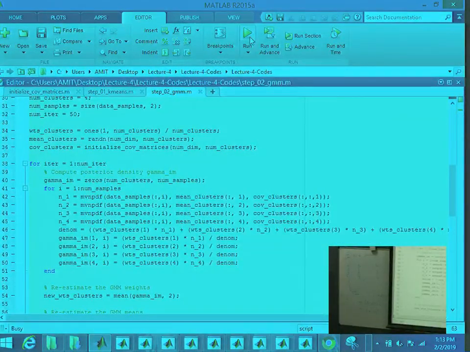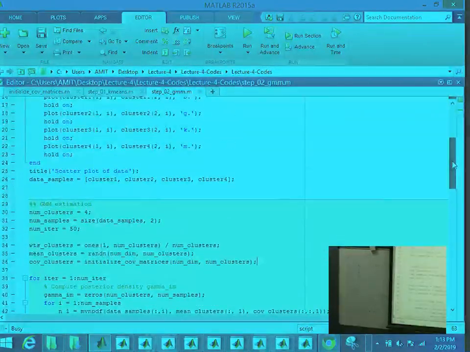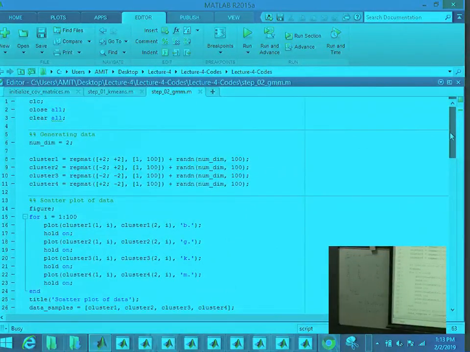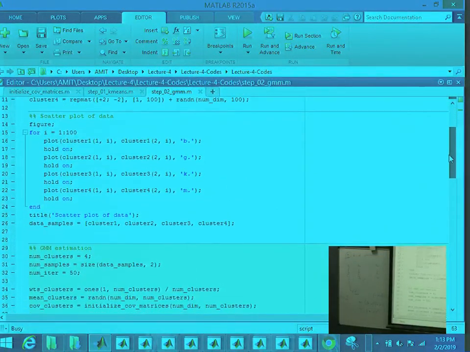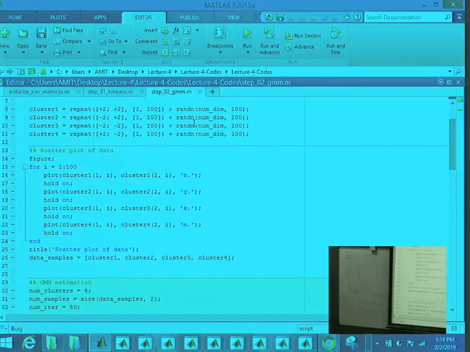Wait, let me run again, because in the morning when I was running, it was proper, but I don't know why. I'll try it once more. If it is not coming properly, then we'll separate the clusters by shifting the mean.